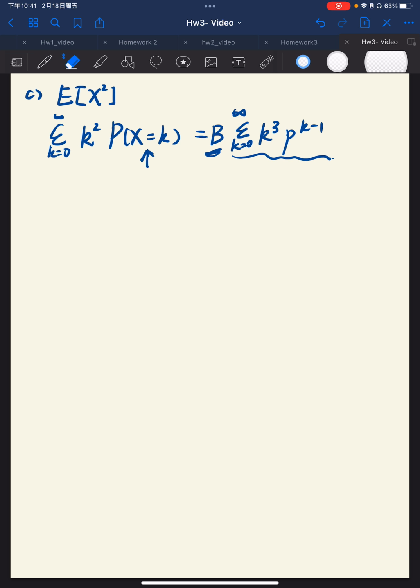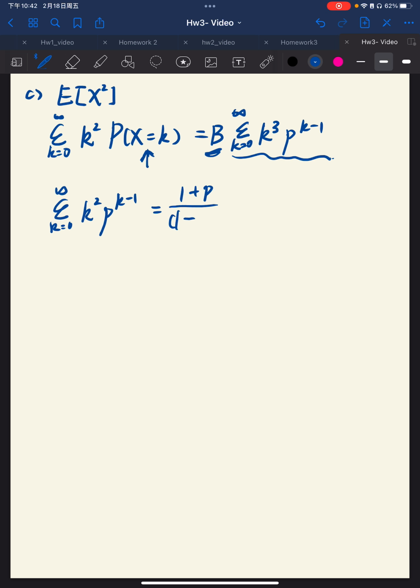As we used in the previous problem, we know that the summation of k squared p^(k-1) is equal to (1 plus p) over (1 minus p) to the power of 3.